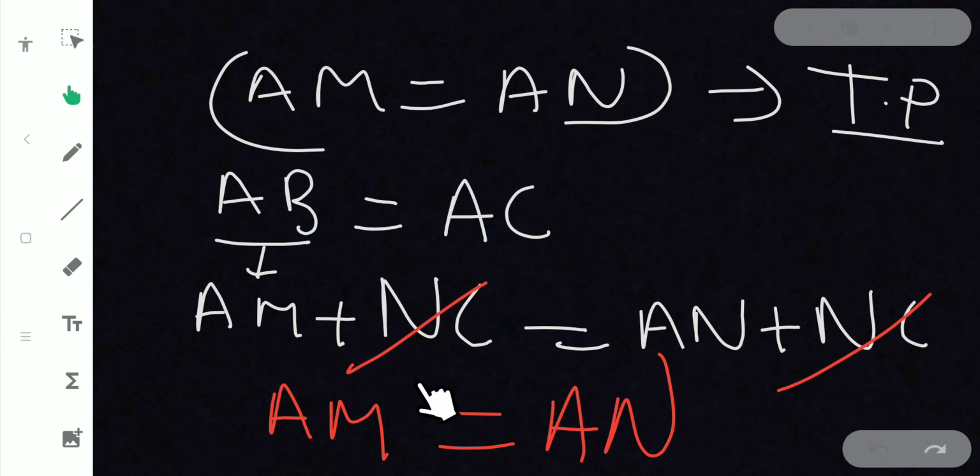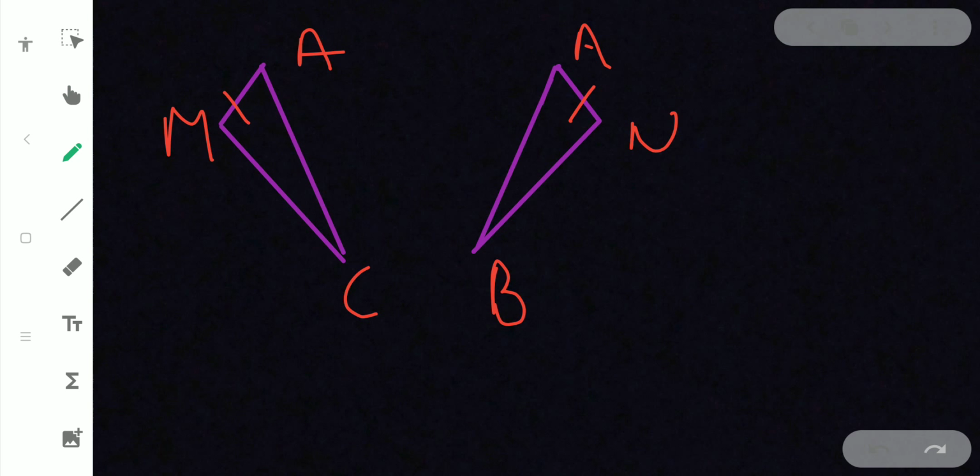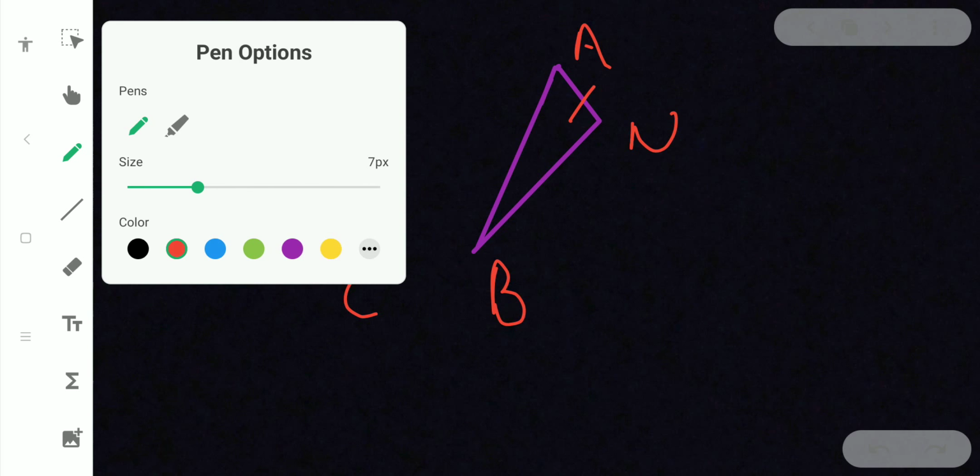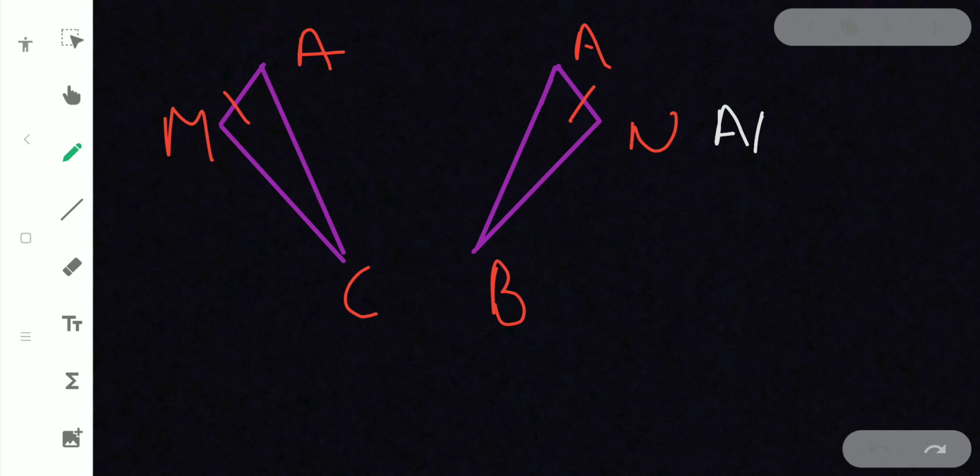Just now we have proved here AM is equal to AN. So I am writing, here AM is equal to AN, and we are having angle MAC is equal to angle BAN.